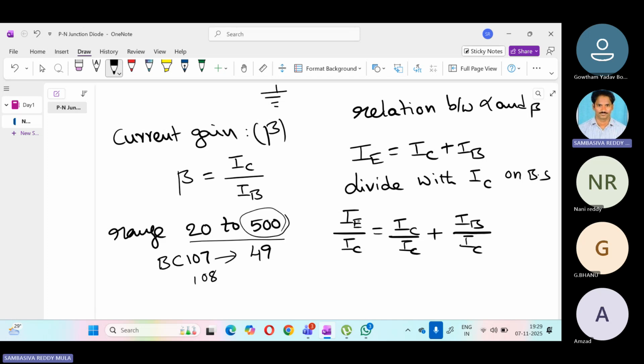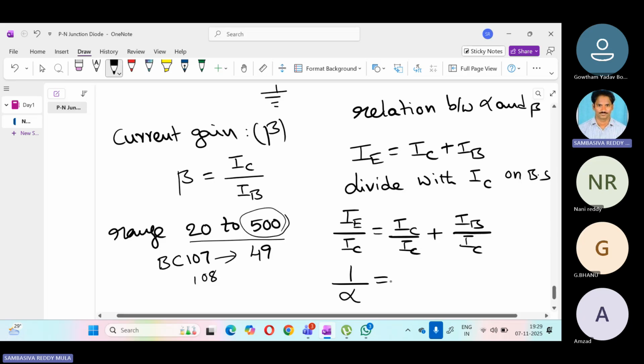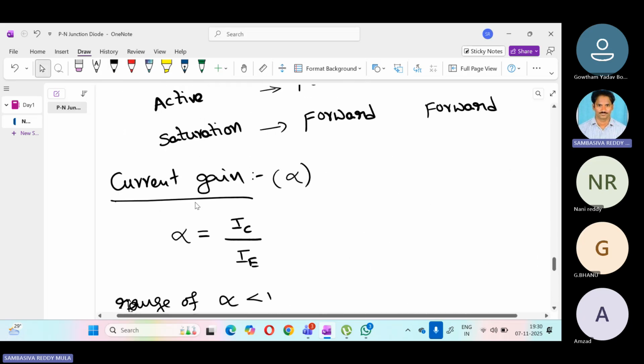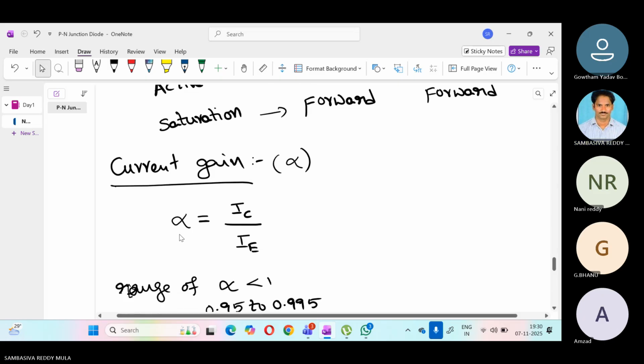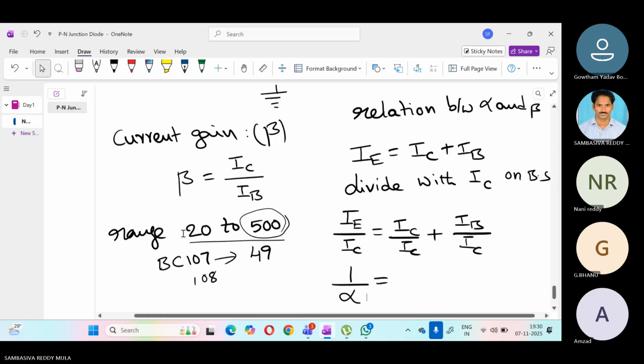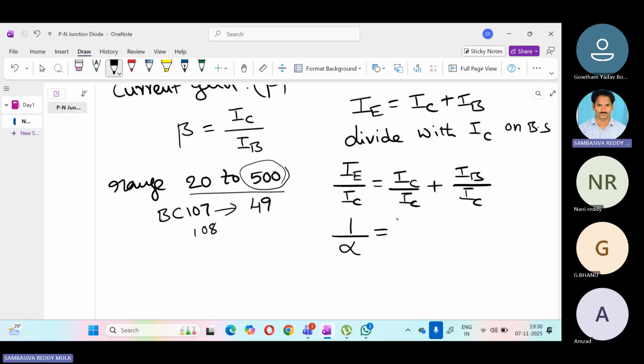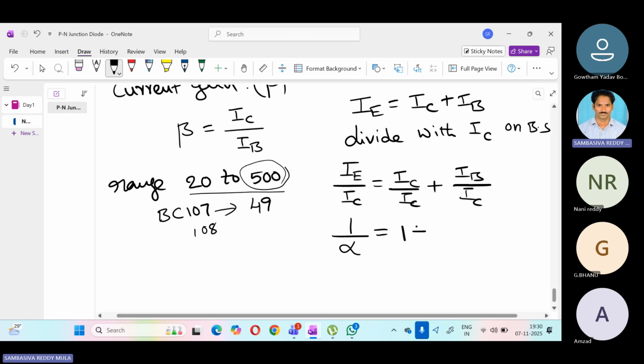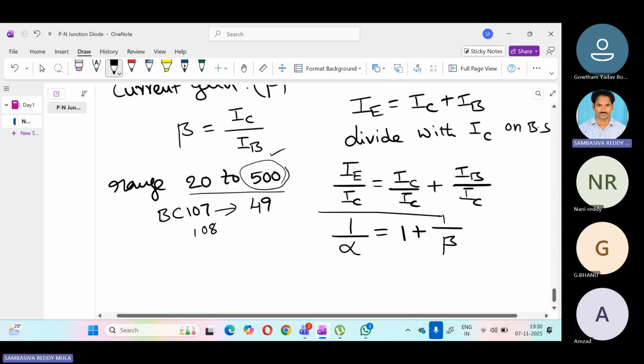Now, what is IE by IC? IE by IC is nothing but 1 by alpha. And IB by IC is nothing but 1 by beta. This is the relationship between alpha and beta.